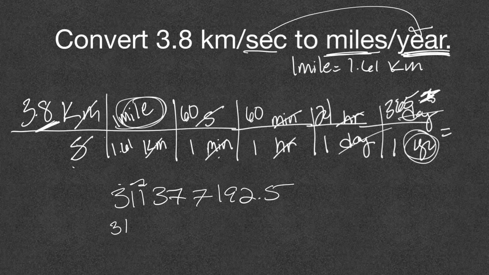Now, I can't leave all these numbers blank because if I owed you this much money and I tried to give you this much money, we're going to have problems. So we need placeholders. We're going to need 1, 2, 3, 4, 5, 6, 7 zeros. And that would be in miles per year.